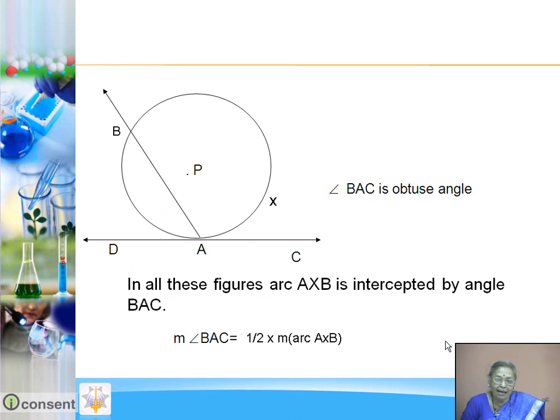So in these three diagrams, we have seen that acute angle, right angle and the obtuse angle is formed. The property regarding tangent and secant is that angle formed by tangent and secant is always half the measure of the arc formed by this angle.